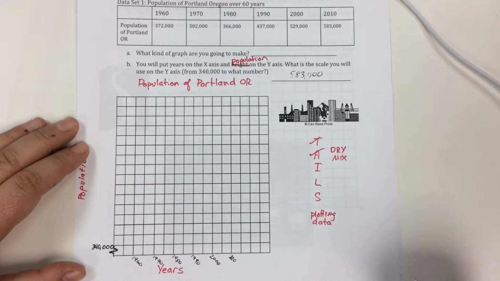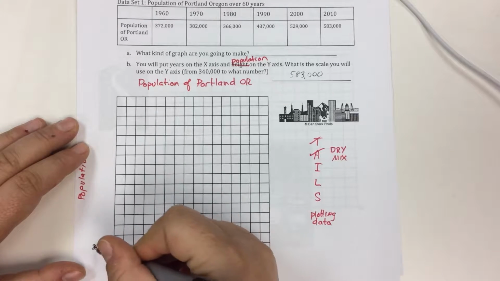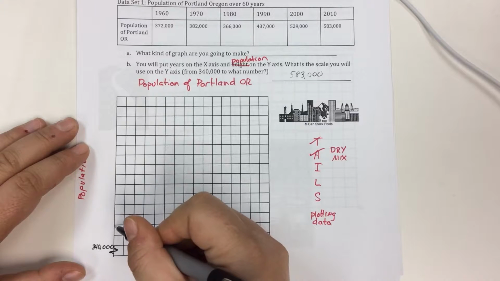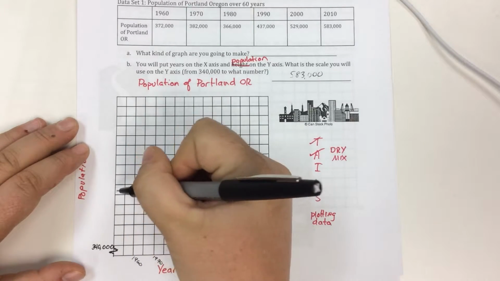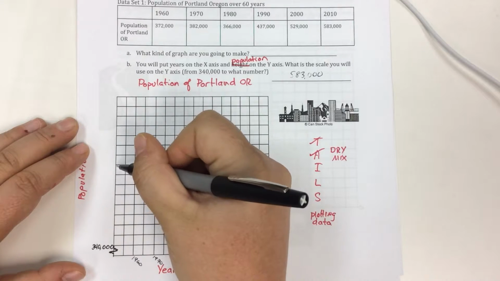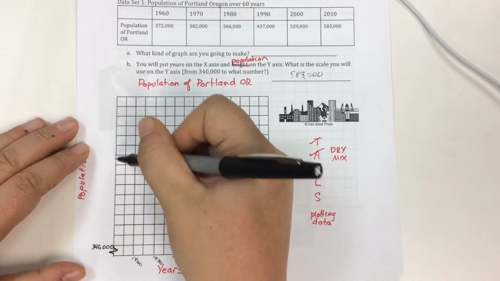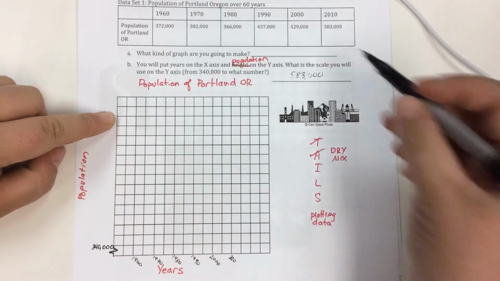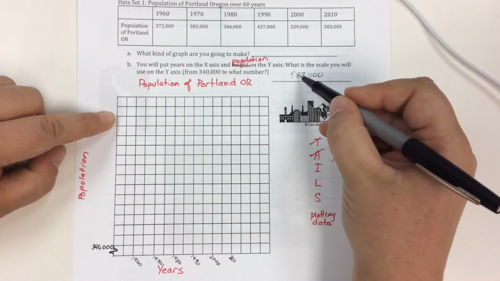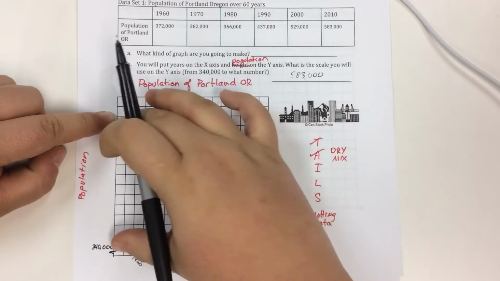What about by 20,000s? 340,000, 360, 80, 400,000, 20, 40, 60, 80, 500,000, 20, 40, 60, 80, 600,000. Hey, that would get us more than 500,000, and it fills up the space.